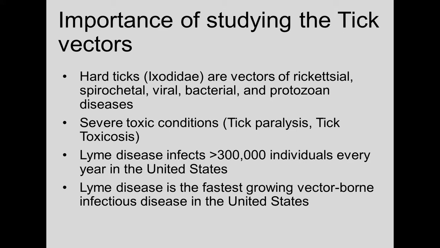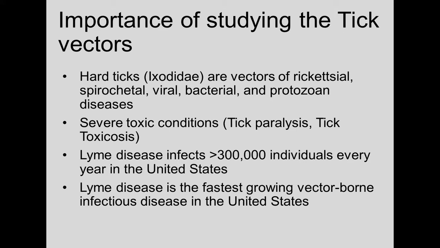So why are we studying tick vectors? Well, as I said, tick vectors are quite important. Hard ticks, or the Ixodes group, are vectors for rickettsial, spirochetal, viral, bacterial, and protozoan diseases. Ticks carry pathogens for more diseases than any other organism.